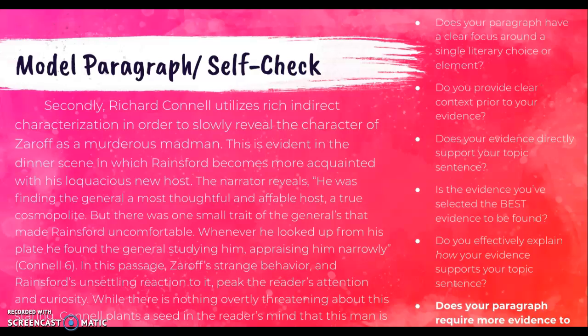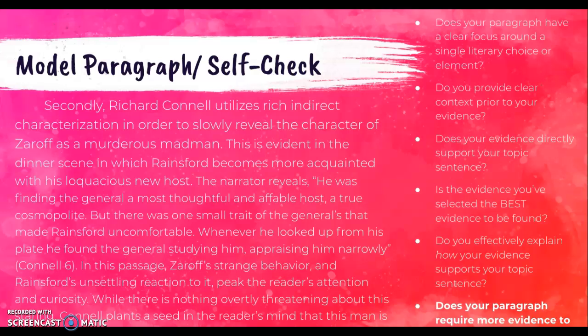Whenever he looked up from his plate, he found the general studying him, appraising him narrowly. In this passage, Zaroff's strange behavior and Rainsford's unsettling reaction to it pique the reader's attention and curiosity. While there is nothing overtly threatening about this staring, Connell plants a seed in the reader's mind that this man is not to be trusted.